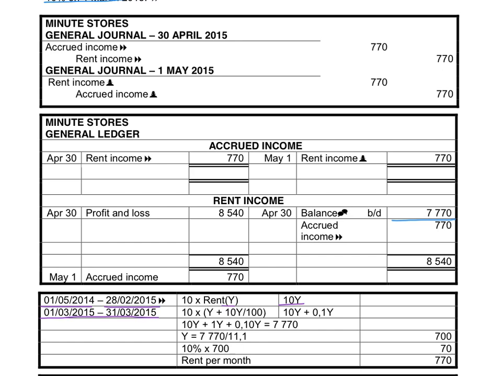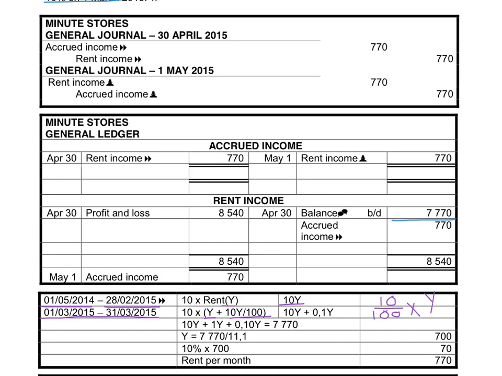Now, normally when we calculate a percentage, I will say 10 divided by 100 times the amount, and in this case the amount is Y. So if we multiply the top 10Y, at the bottom is 100. So it means for this month we received the normal Y amount plus that additional 10%.